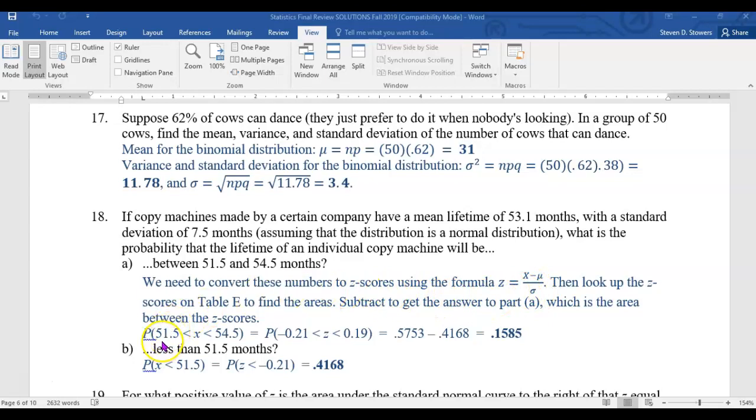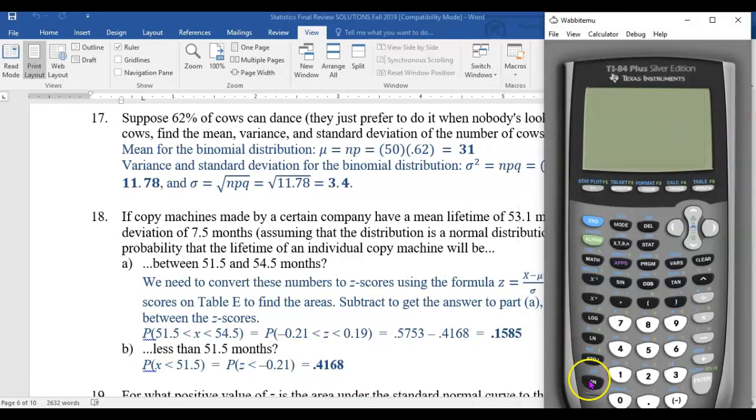So for example, the z-score for 51.5 is 51.5 minus, remember the mean was 53.1, divided by sigma, which was 7.5.